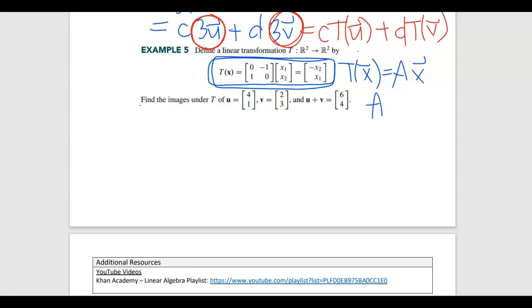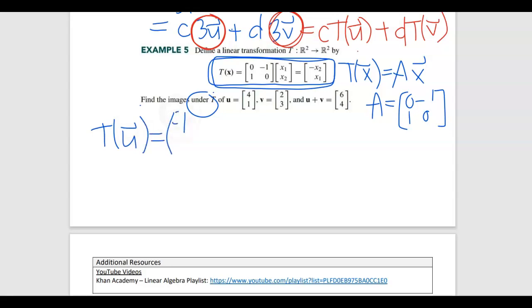So that means that my matrix A must be this. And then here's x. What it ends up doing is reversing your entries, and the negative goes on top. So let's find these images under T. T(u) would end up being (-1, 4).